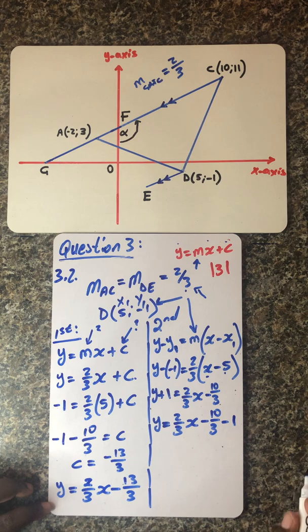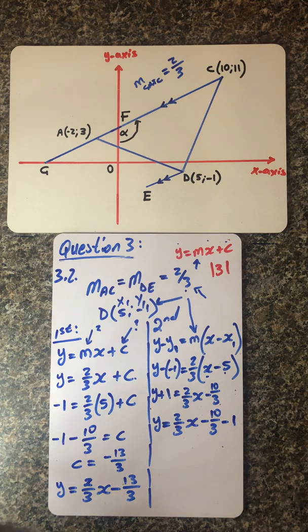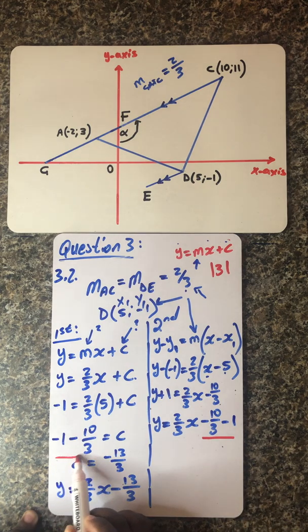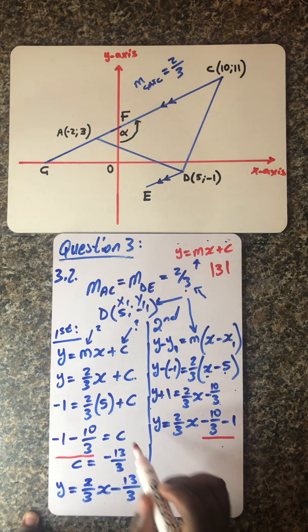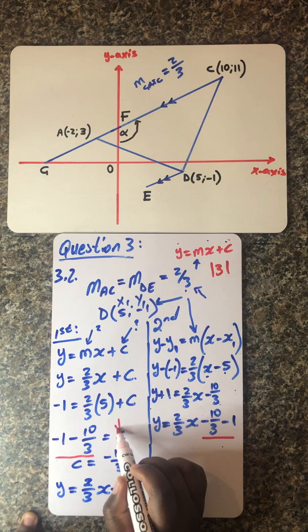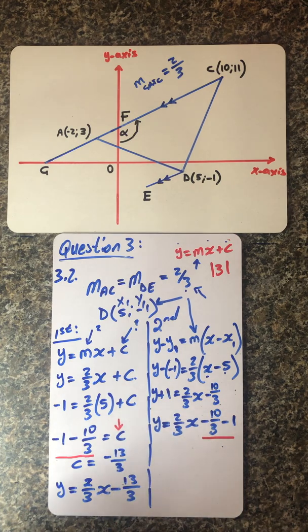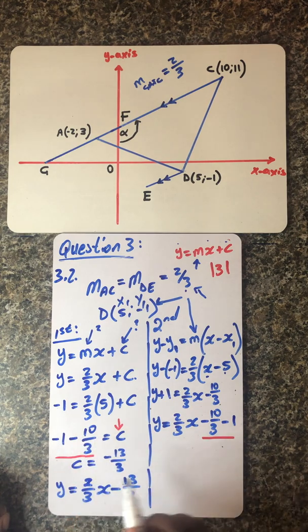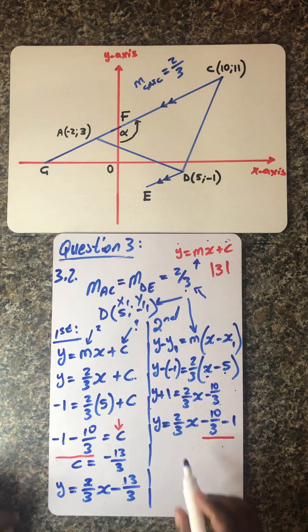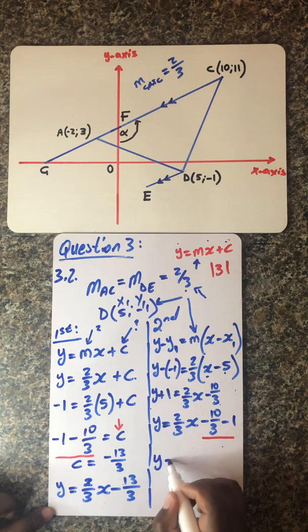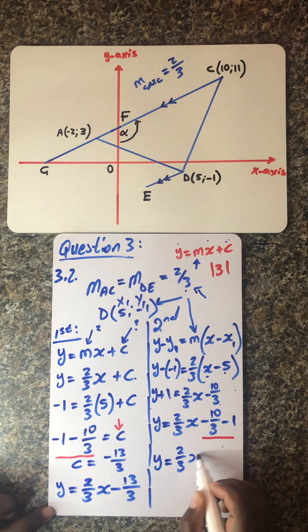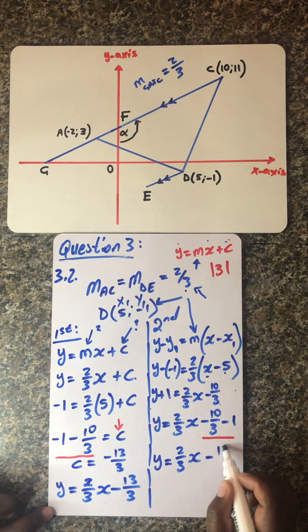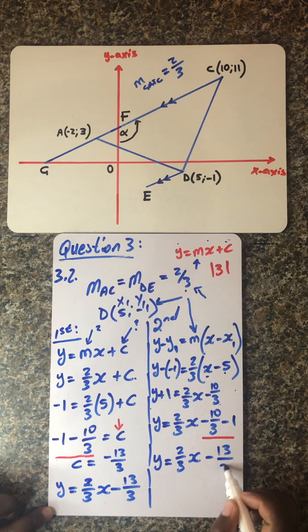Can you see guys, this part of the equation is the same as that part of the equation, which will give you the value of c. So negative 1 minus 10 over 3 will equal negative 13 over 3. So that's why our final answer is y equals 2 over 3x minus 13 over 3.